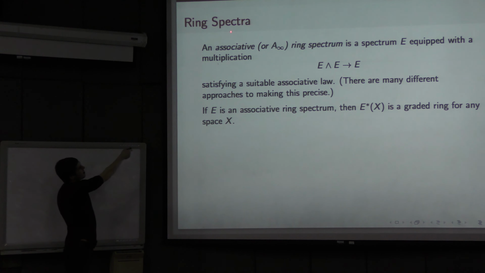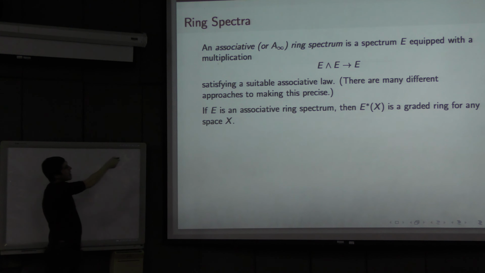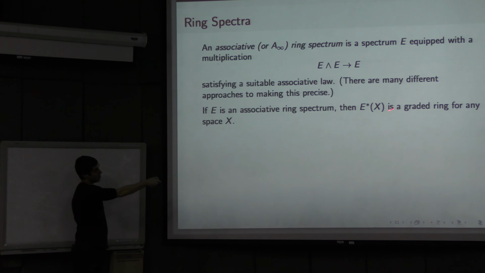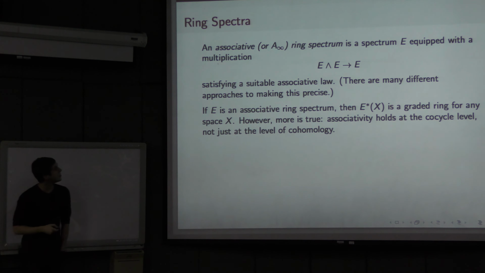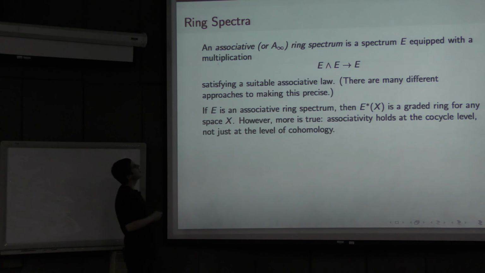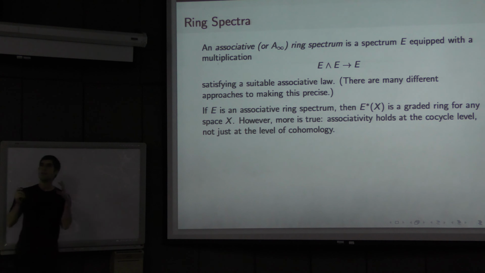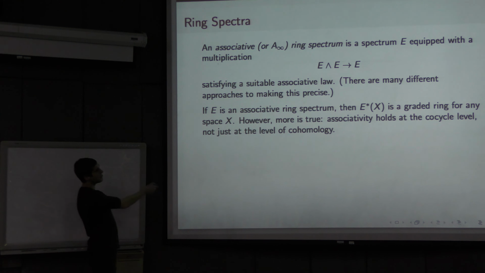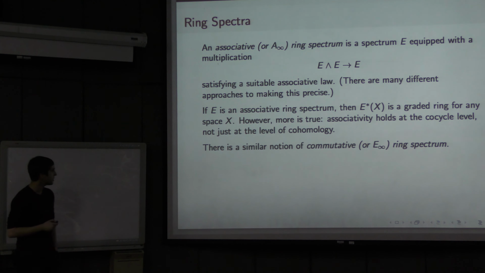But to demand that this ring spectrum is associative, or A infinity, you demand more than just that you have a multiplication at the level of cohomology classes. Instead, associativity is supposed to somehow hold at the level of cocycles, at the level of objects that represent cohomology classes, not just at the level of the cohomology classes themselves.